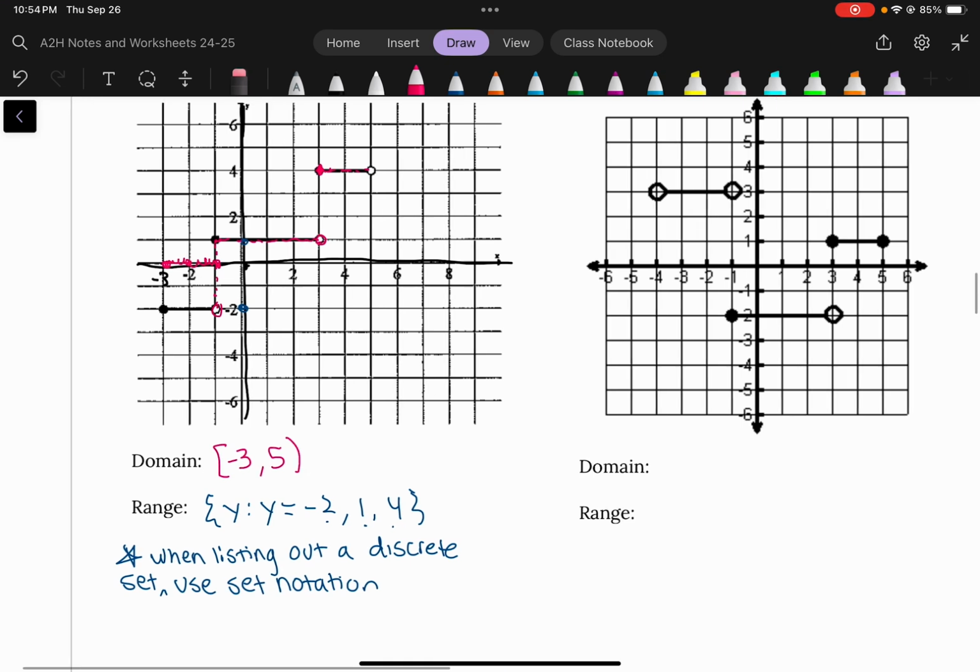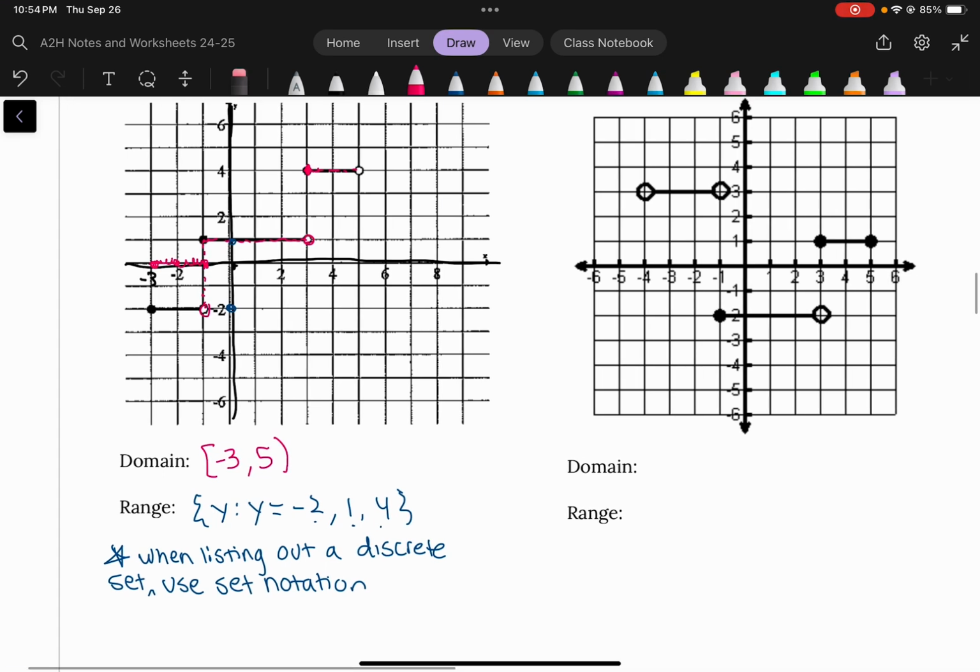If you trace it, you can see that everything gets closed up, so we're going to go all the way to 5. And the range contains exactly 3 values again, and this time it is y such that y equals -2, 1, and 3. Even though it contained infinitely many x values, those are the only y values you would have.